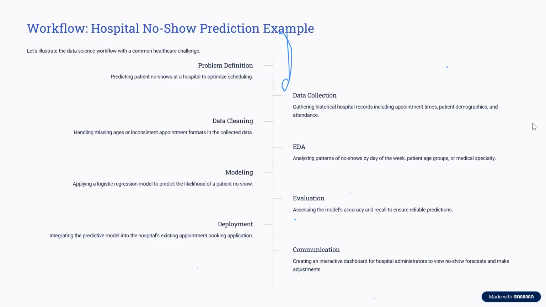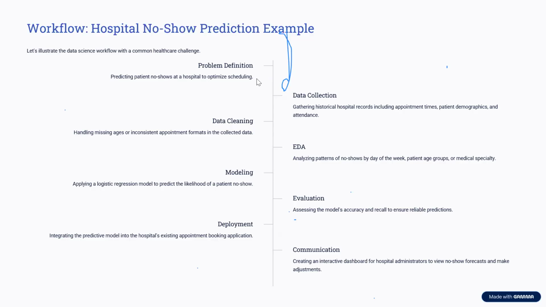Now, when defining your problem, yes, he had to explain for us to understand, but for the purpose of documentation, it needs to be brief, but also explain what you are trying to do. So what is here is actually a good example of a problem definition: predicting patient no-shows at a hospital to optimize scheduling.